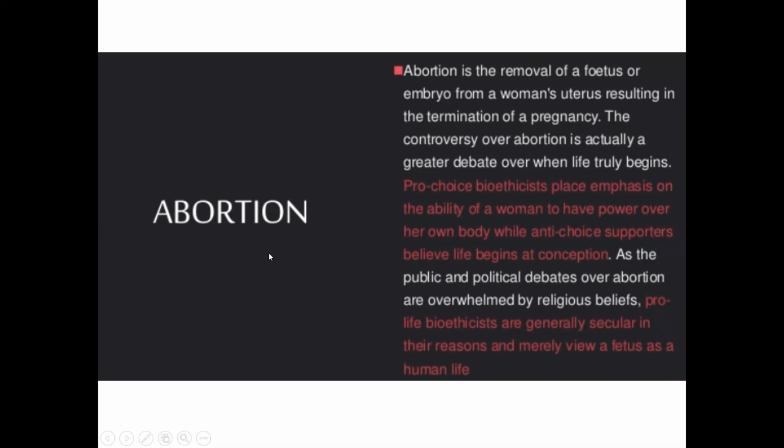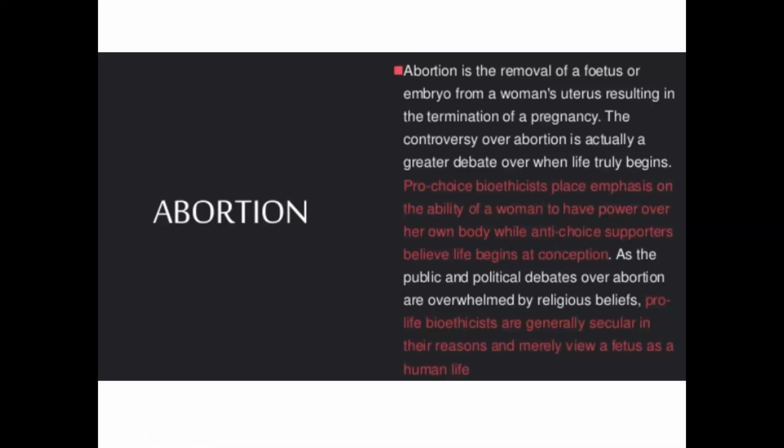So there are two types of bioethicists, meaning people who follow bioethics: pro-choice and anti-choice. Pro-choice bioethics says that a woman has the power to remove an unwanted embryo from her body.